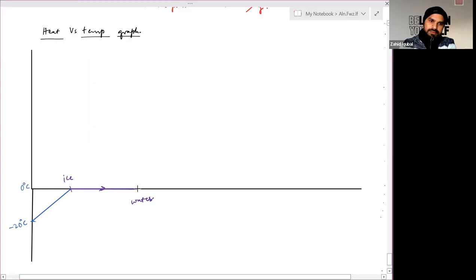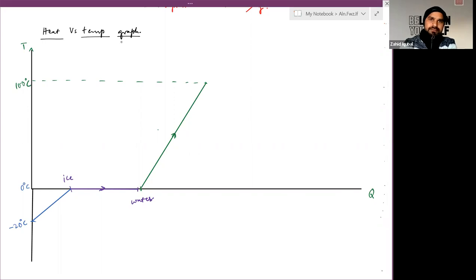the temperature of water will start rising from 0 degrees Celsius to 100 degrees Celsius, let's say at this point. Temperature versus Q. So it will again be specific heat to change its temperature from 0 degrees Celsius to 100 degrees Celsius.